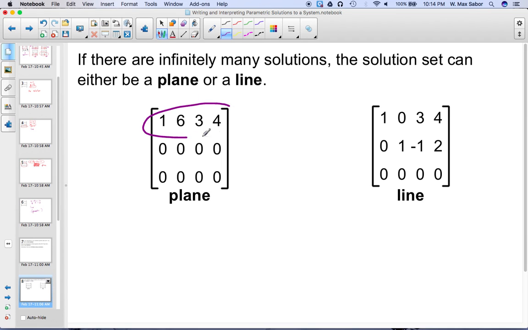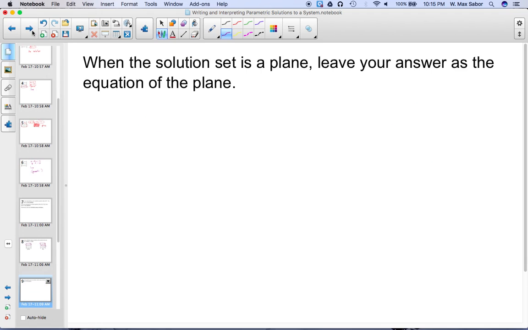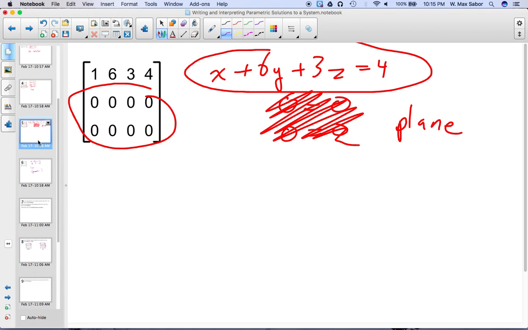Here we said this was a plane because that's a single equation with 3 variables. Here we have 2 separate equations with 3 variables total. That is a line. So the question is, how do we write that afterward? Well, when it's a plane, we just leave our answer as the equation of the plane. That's what we did here.